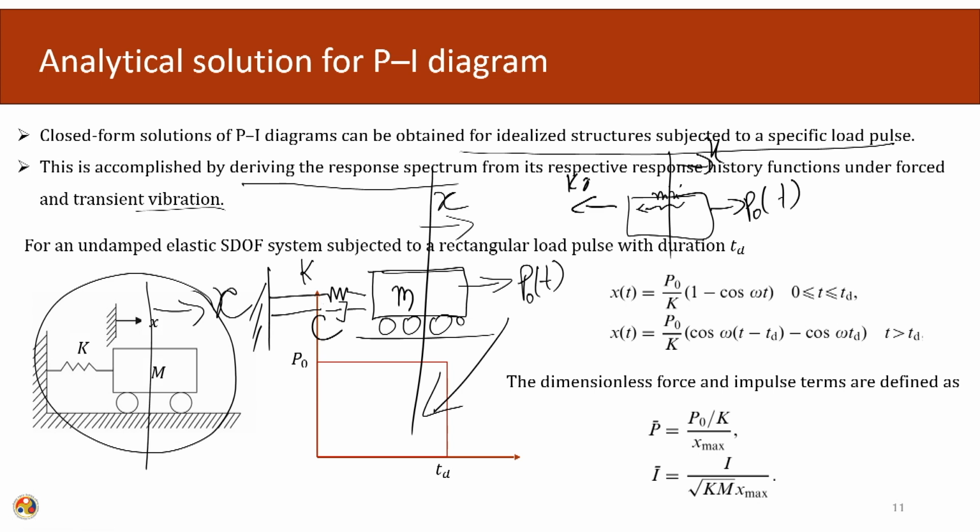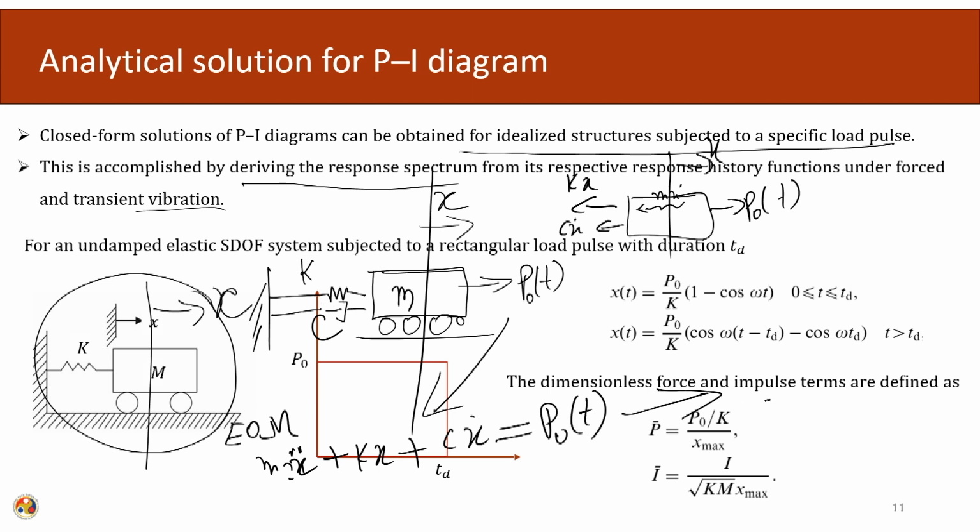You can write directly by Kx and Cx dot. So, the equation of motion becomes the inertia component plus the stiffness component plus the damping component equals P naught for time 0 to Td, because here the load is applied till Td, and after that the system will vibrate due to the final response of the previous forces, so it equals 0, for t greater than Td.